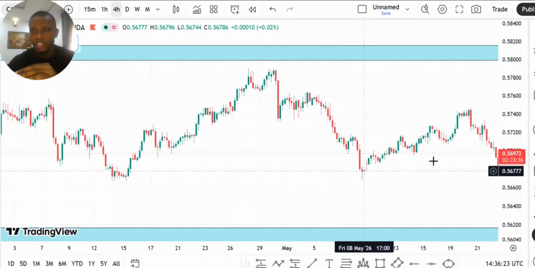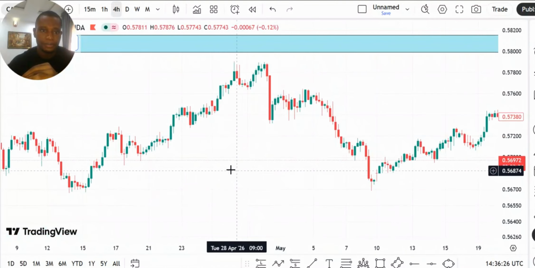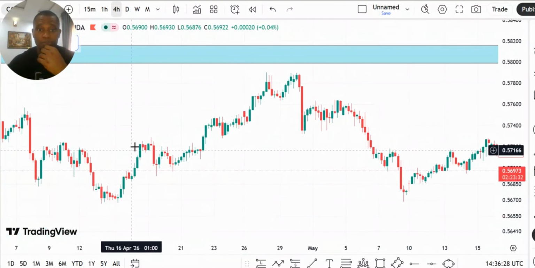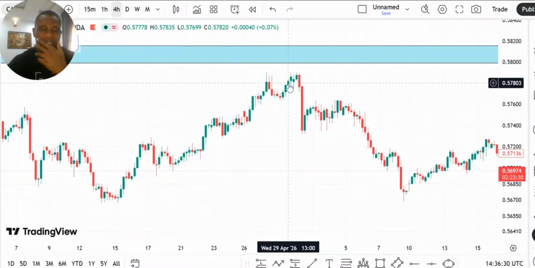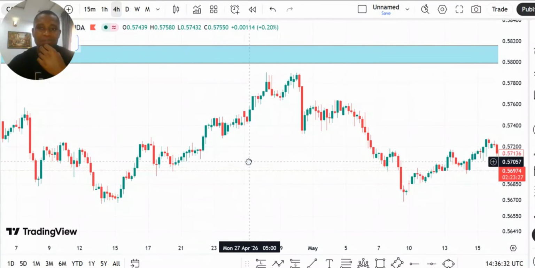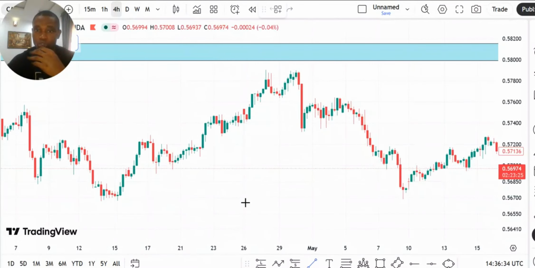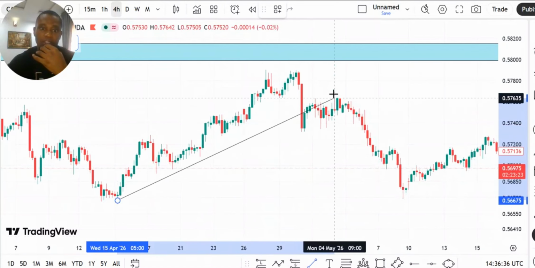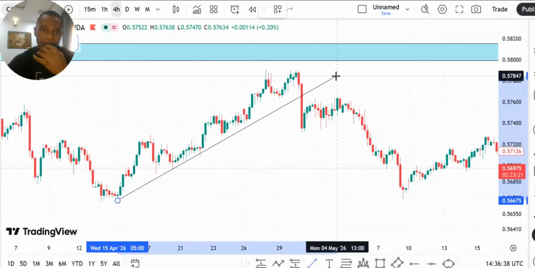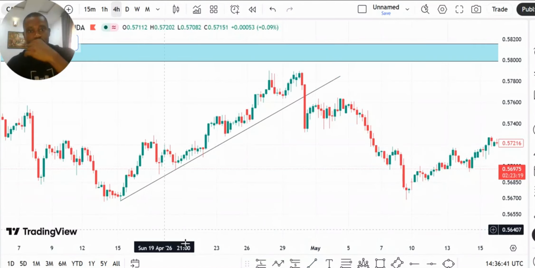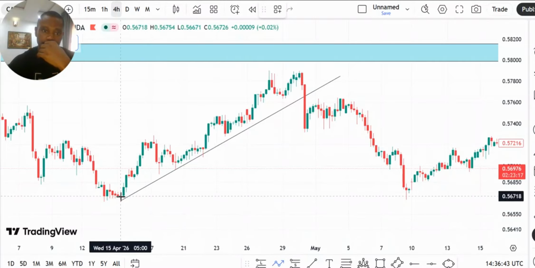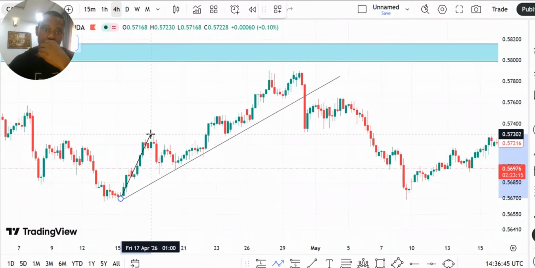So if you watch, this market bought from here to this zone. Then what was giving this market strength or guard to the upside is your trend line. Look at your trend line. If you watch, this market started buying from here. This is an impulse move.